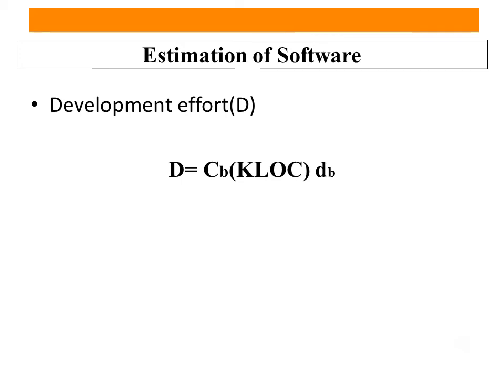Otherwise c_b and d_b are the same as in the constructive cost model, where a_b was the multiplicative factor and b_b was the exponential factor. Here c_b is the multiplicative factor and d_b is the exponential factor, and the value will come out in person-months only.